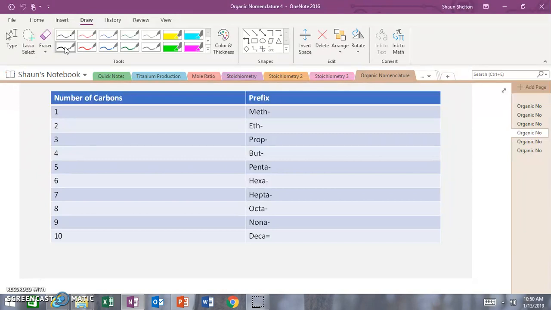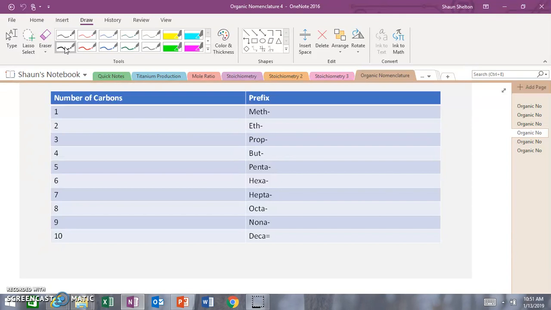The same thing goes for eth. Now eth has two carbons, and I'm just going to continue down the line here for prefixes. Prop is 3. Now you've probably heard of prop before, being propane or propanol, ethane, ethanol. So these are common words that you probably heard somewhere along the line.